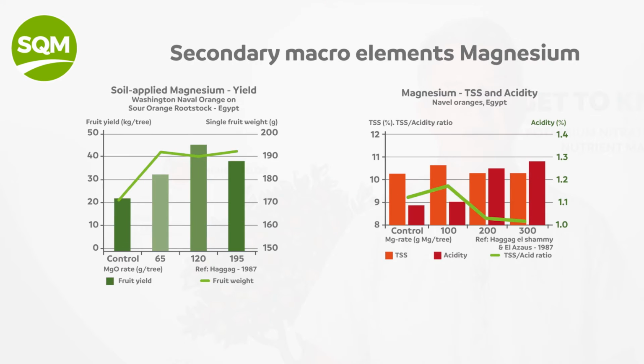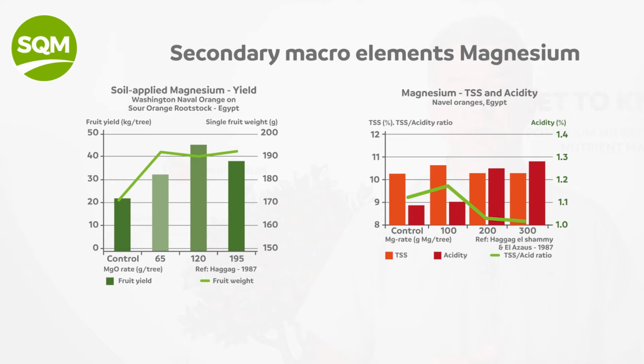The first graph shows an increase in magnesium on the x-axis, in grams per tree, and on the y-axis fruit yield in kilograms per tree. You can see that where the magnesium rate was increased, the yield increased. They also show that the single fruit weight increases with the increase of magnesium applications.